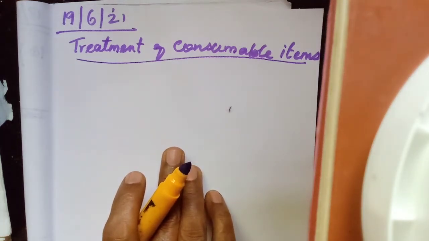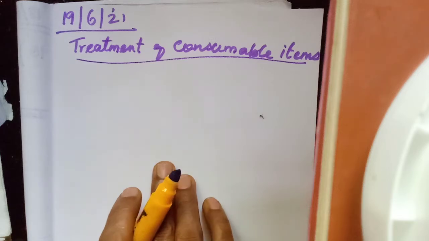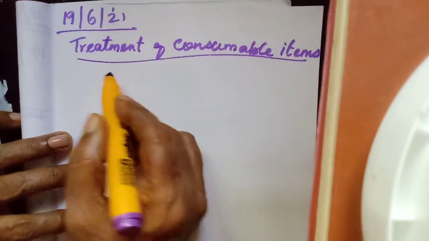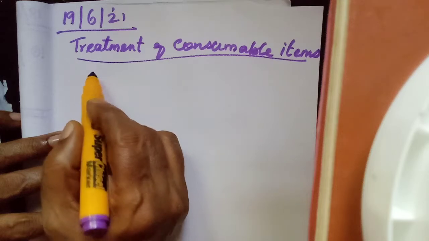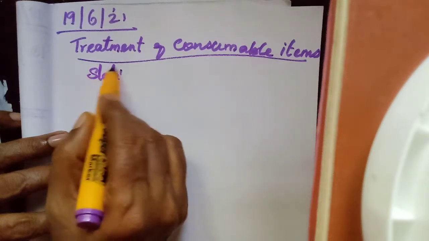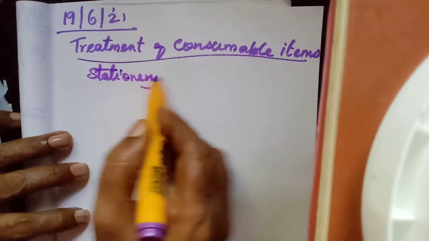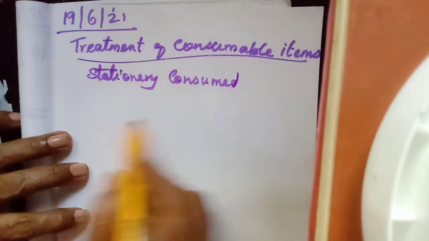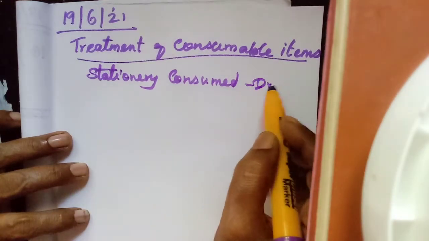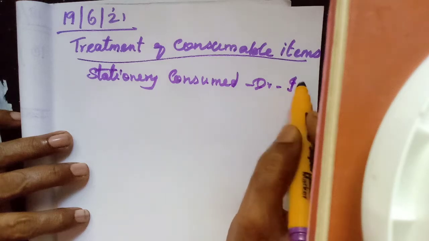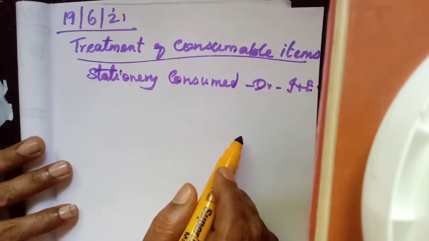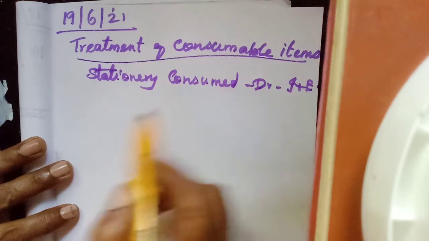Okay, so any one example. Here only one thing you should remember, that consumed. For example, stationery consumed we have to write. This will appear in the debit side of the income and expenditure account. Yesterday we have seen the credit side item, subscription income. This one is expenses.